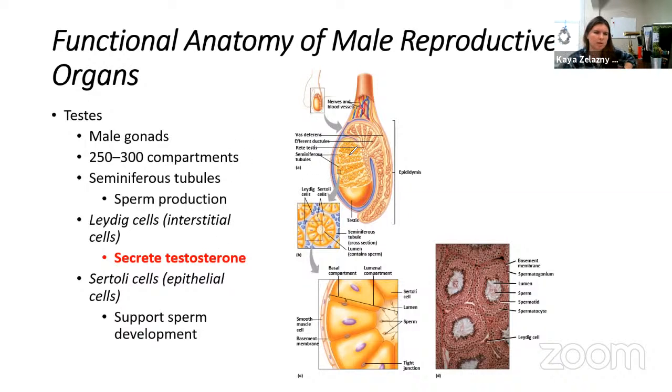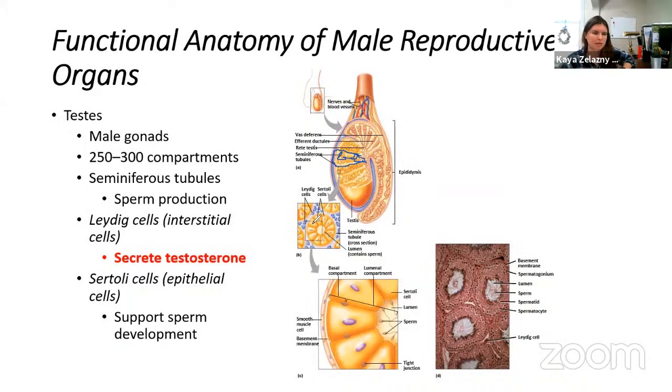So where we're going to be looking for our purposes is inside the testes at these structures called the seminiferous tubules. In the testes in lab, where you can see them bisected, it just looks spongy inside. But what we're really looking at is a series of coiled tubules in compartments, almost 300 compartments.